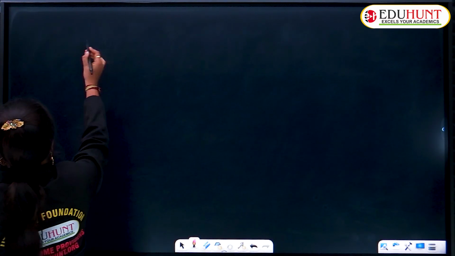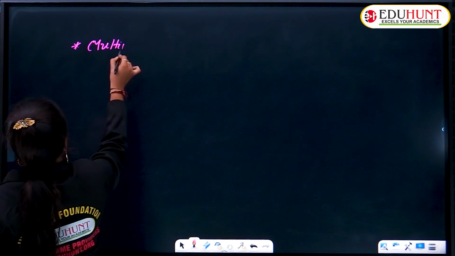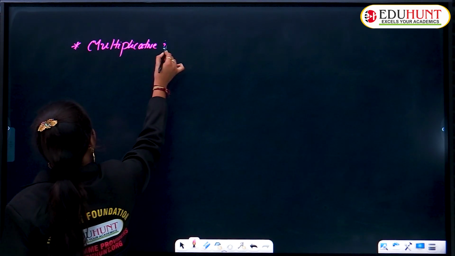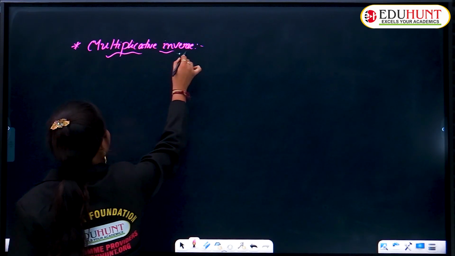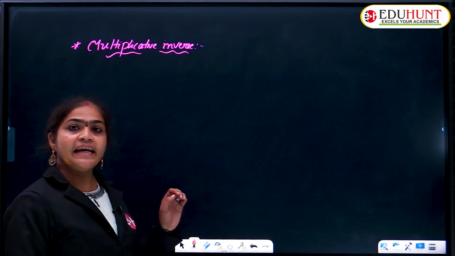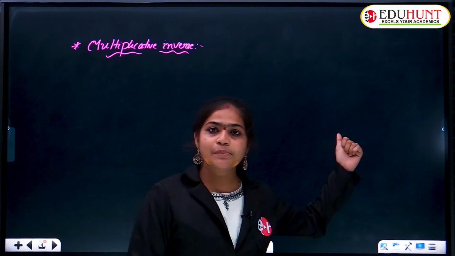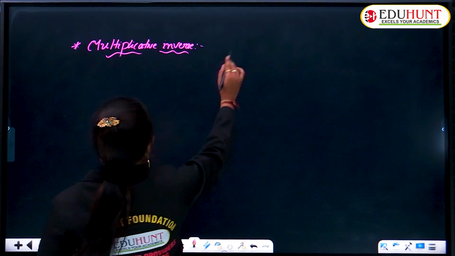Next we have the multiplicative inverse. So what about the multiplicative inverse? Actually, additive inverse means by changing the sign we will get the result. Multiplicative inverse is nothing but the reciprocal.